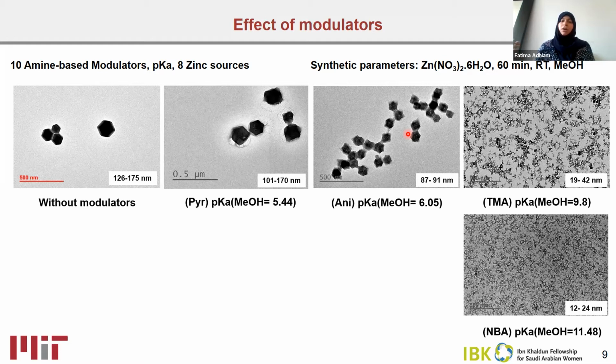The particles out of this rapid reaction grow into smaller particle sizes because there is no time for them to grow, due to the rapid reduction in the supersaturated solution.